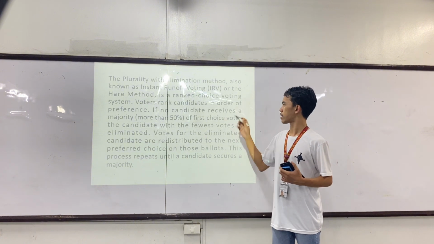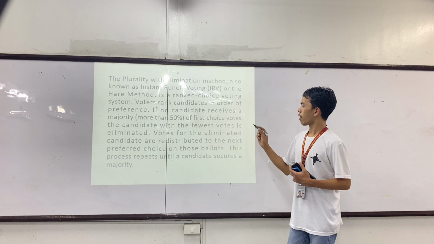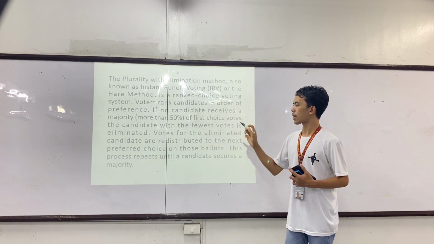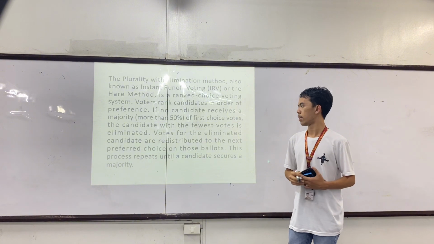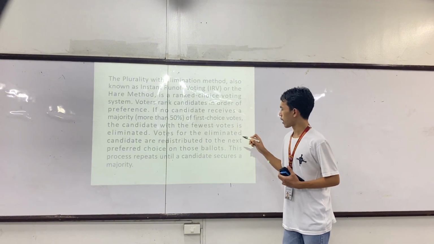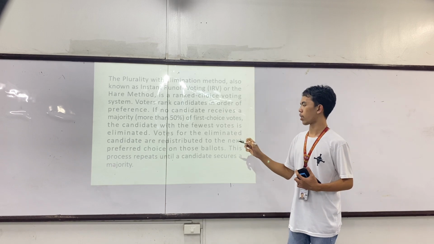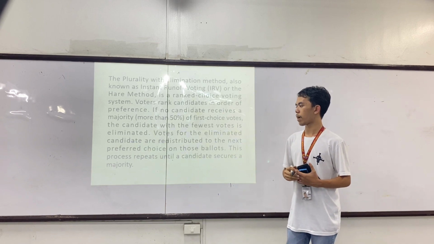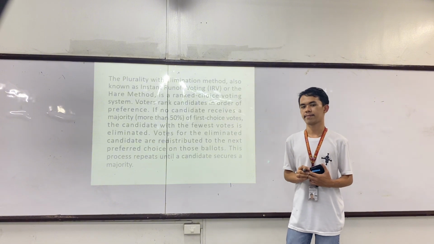If no candidate receives a majority, more than 50% of first choice votes, the candidate with the fewest votes is eliminated. Votes for the eliminated candidate are distributed to the next preferred choice on the ballots. This process repeats until a candidate secures a majority.